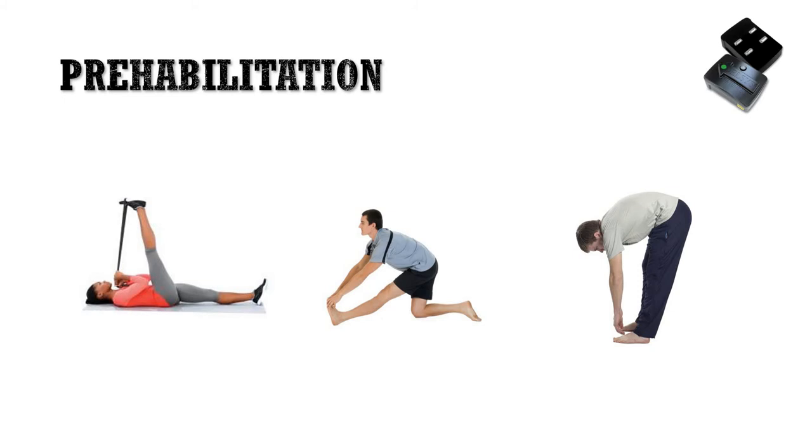So sticking with the theme of hamstring injuries, what we have here are 3 different hamstring stretches, and each one of them varies slightly based on the relative hip flexion of the limb that is being stretched to the contralateral limb.